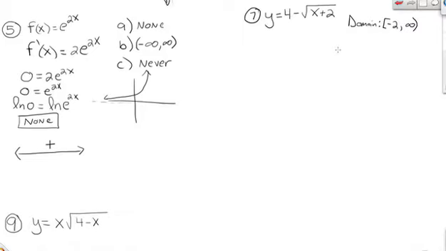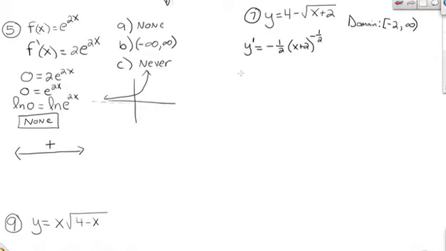Okay, so now let's take our derivatives. The derivative of 4 is 0. Negative, chain rule, 1/2 times x plus 2 to the negative 1/2 times the derivative inside, which is just 1.